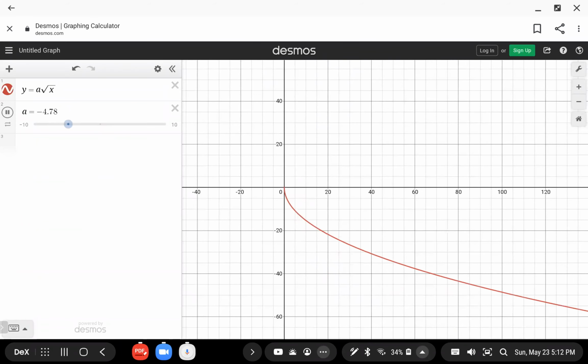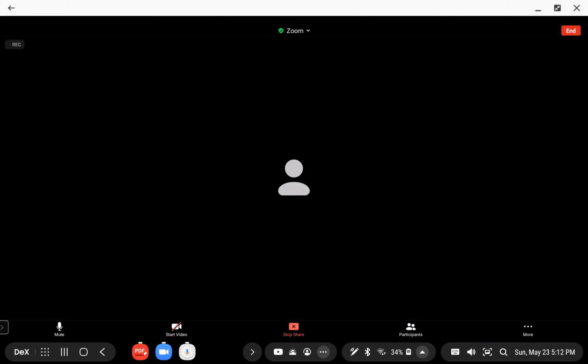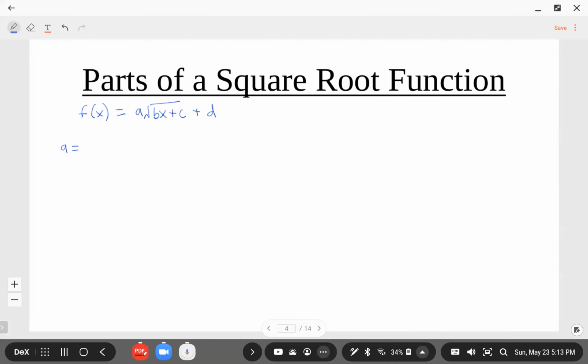It still increases in x the same way, but the increase in y changes, so it is a vertical shift. And you notice when a is negative, the graph becomes, the y value decreases, and it's negative. All right, so that is what a is. So a is a vertical stretch.